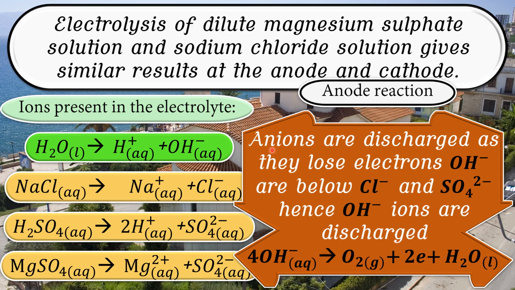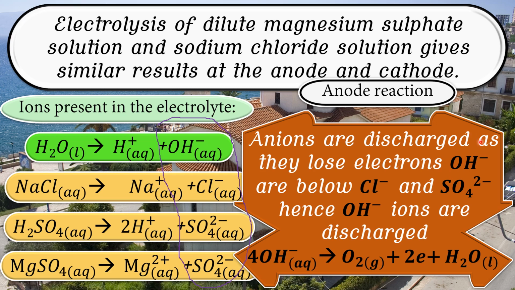So here, our anions, which anions are we talking about? We are talking about the hydroxide ions, the chloride anions, the sulfate anions. We refer to them as anions because they are negatively charged and they are going to be attracted to the positively charged electrode, which is the anode. And those anions are discharged as they lose electrons.